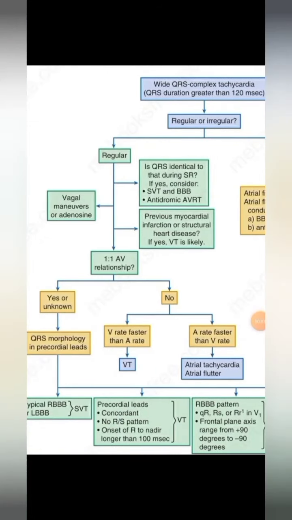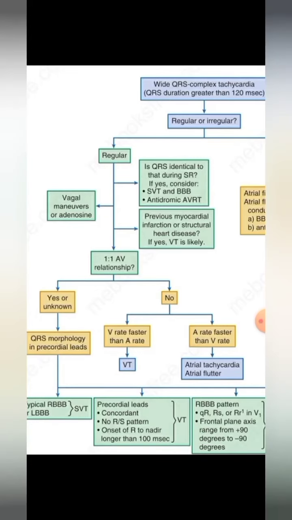So in case of regular wide complex tachycardia, first we have to look at the QRS complex. Is it identical to that of the complexes present in a sinus rhythm ECG strip, if it's available?